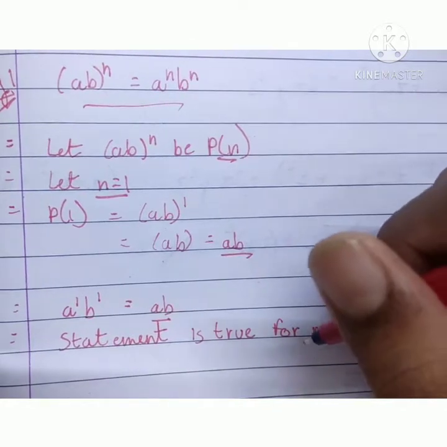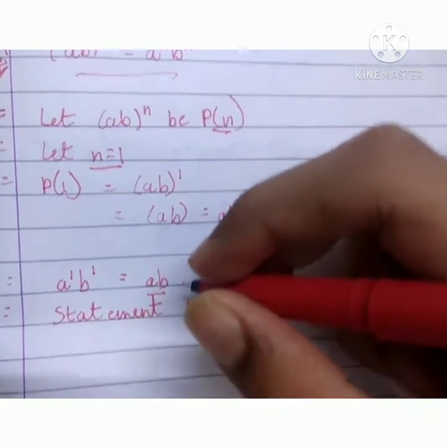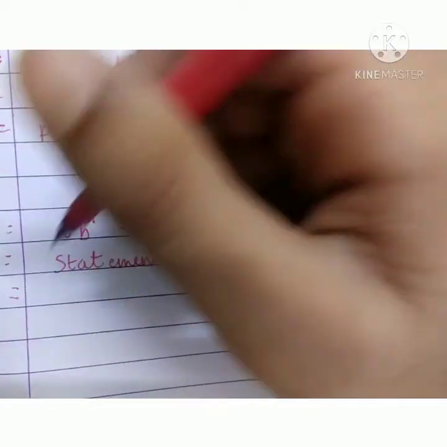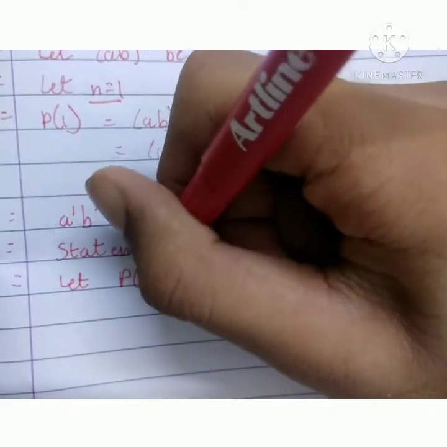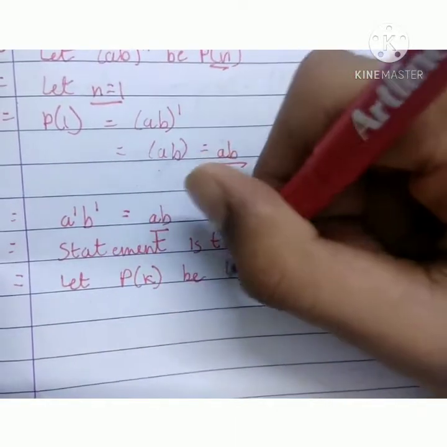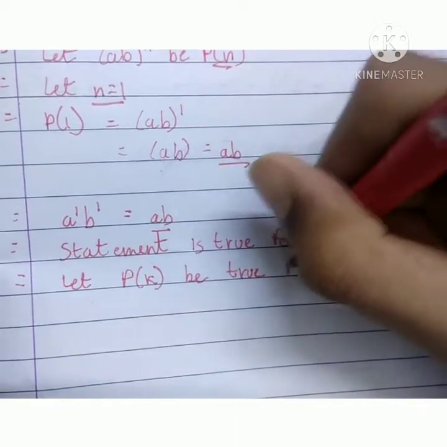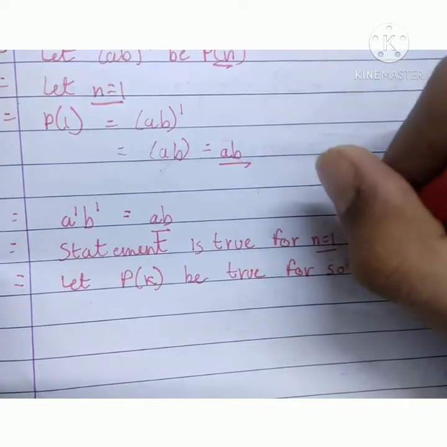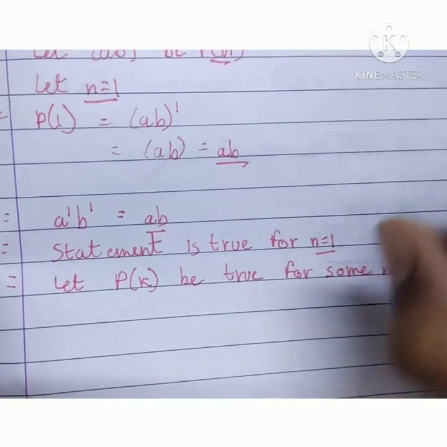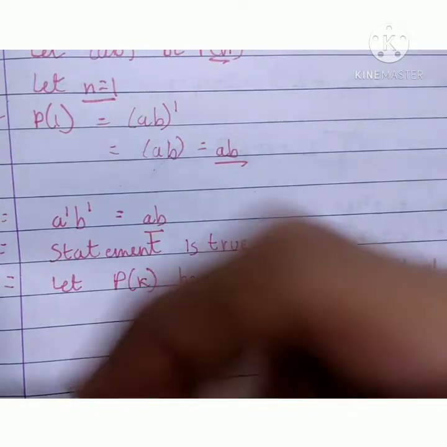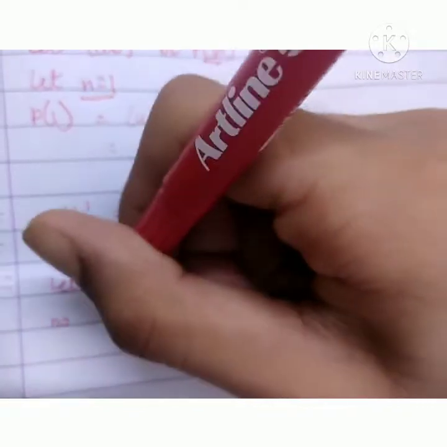Now everyone knows the next step. We write: let P(k) be true for some natural number k.